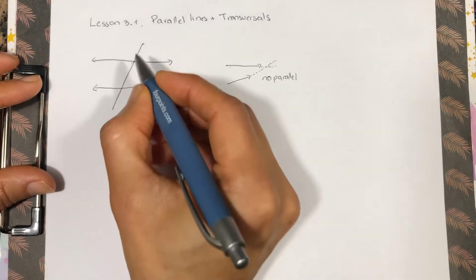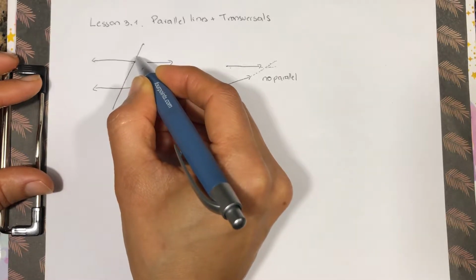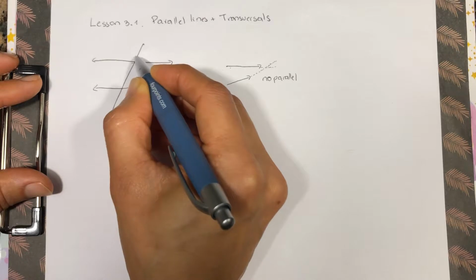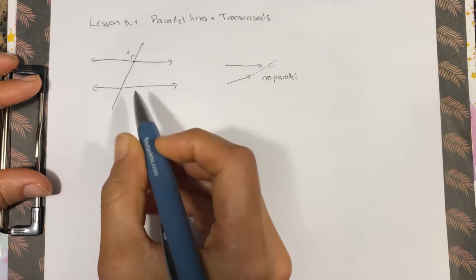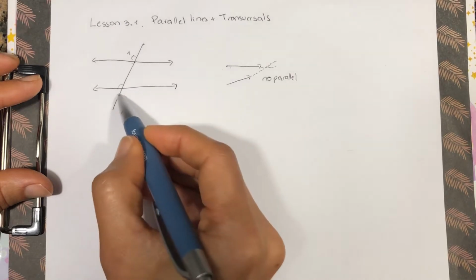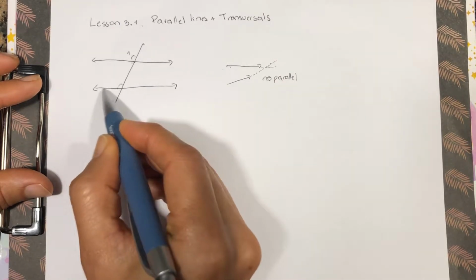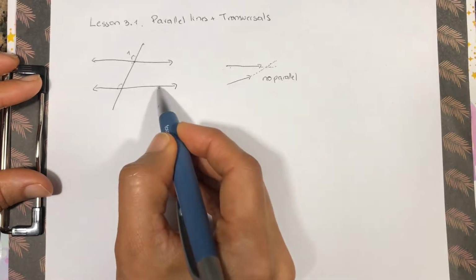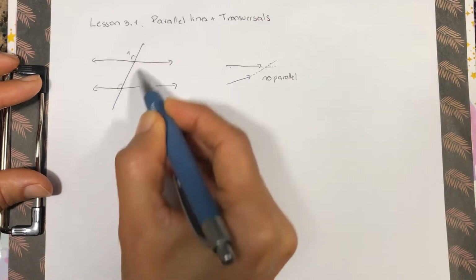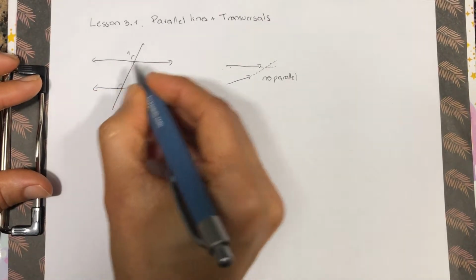Well, the first thing we can talk about is that the corresponding angles are the same. What are the corresponding angles? Let's say this is angle 1. This angle over here is the same as angle 1 because this is a line and these two are parallel, so it has to have the same opening because they're cut through the same parallel lines.